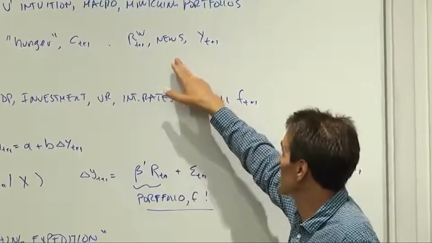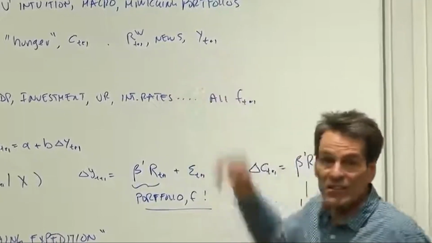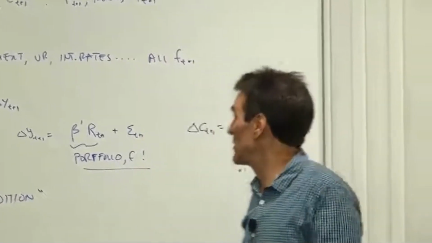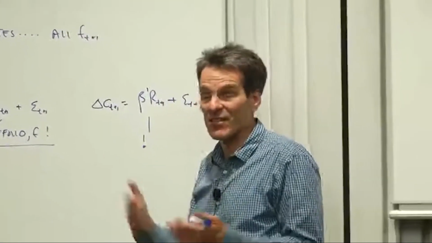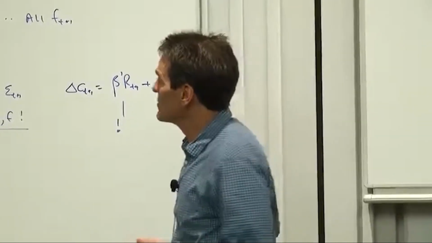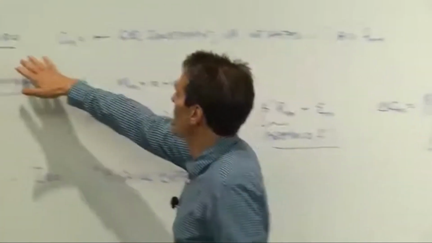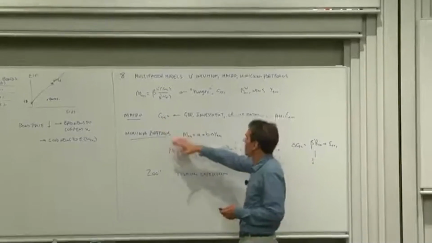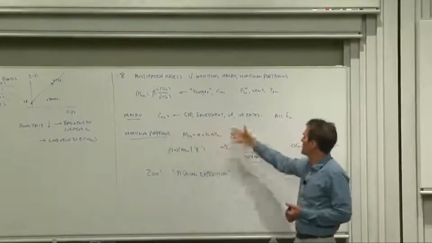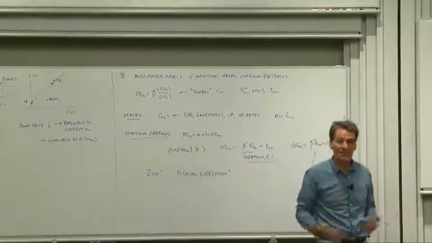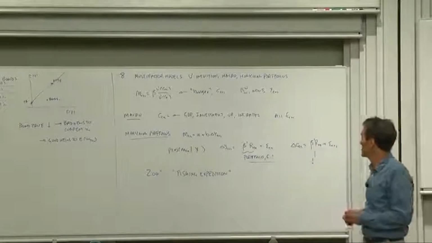News about future returns is going to affect it. Current and news about future income in your business, in your real estate, all of these things are legitimate. Of course, if you talk to a macroeconomist, they write whole models that relate consumption growth to GDP, investment, unemployment, interest rates, productivity shocks, you name it.